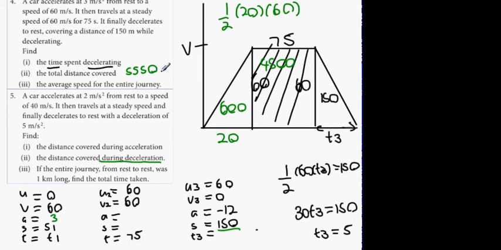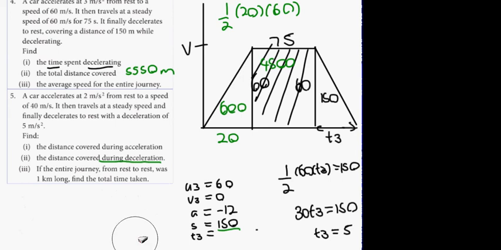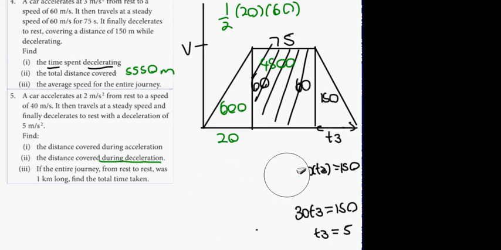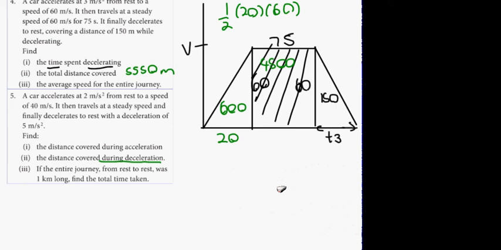Now, how do you get average speed, lads? Total distance over total time. So total distance is 5550.